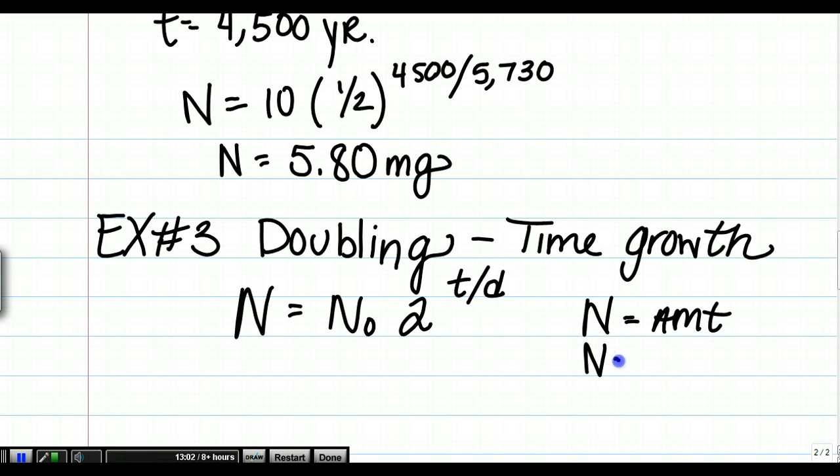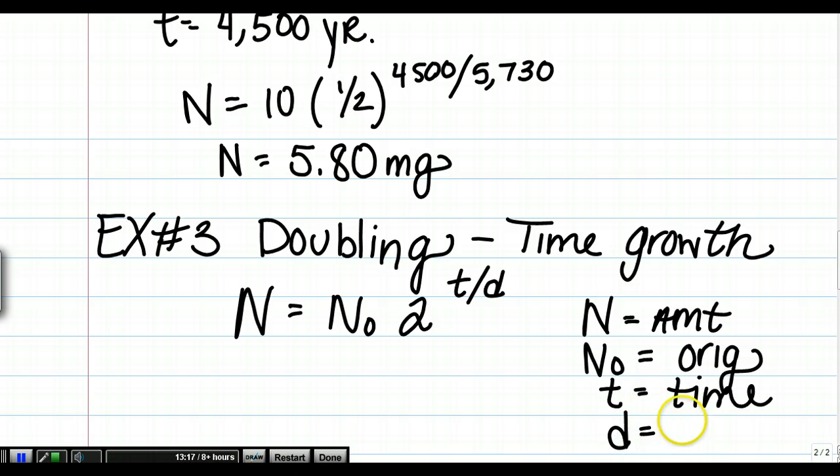N naught is going to represent your original. T is going to equal your time, and D is going to be your doubling. How long it's taking to double.